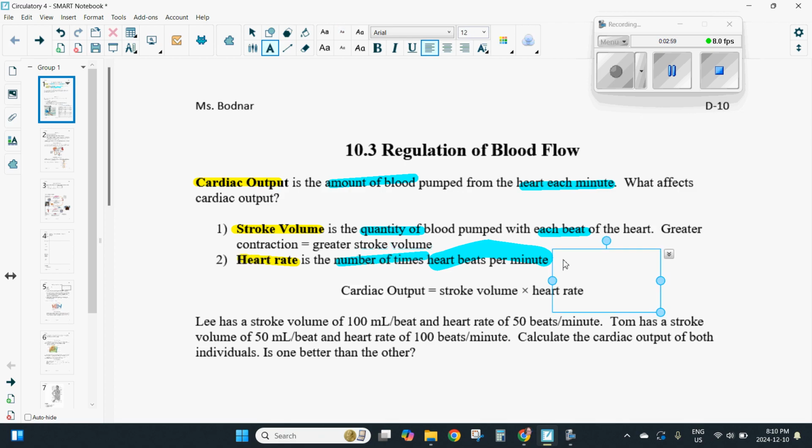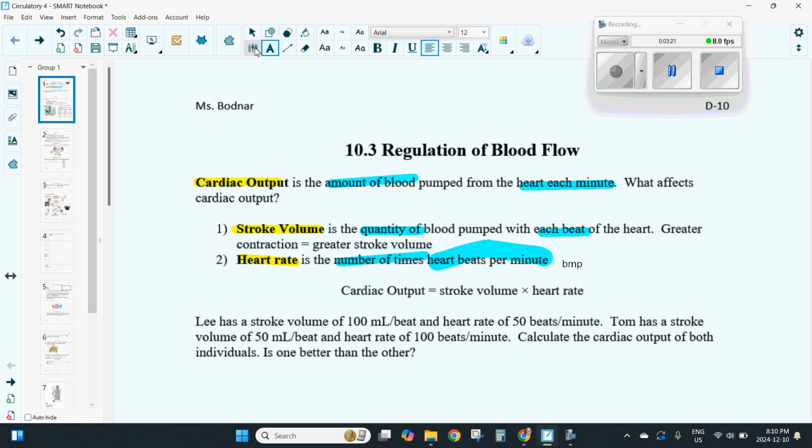Normal BPM is between 60 and 100 beats per minute. Again, if it's lower than that, that would be considered bradycardia. And if it's higher than that, then that is referring to tachycardia, both being bad over an extended period of time.